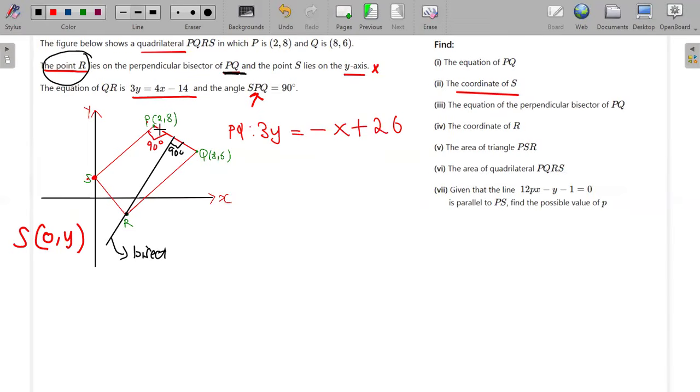But this line is actually perpendicular to PQ. So from PQ, I can get my gradient. Remember the general form of the equation of a straight line? It is like this: m and then x minus x1, right?